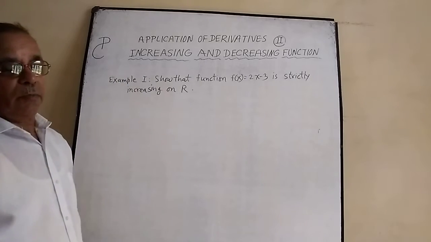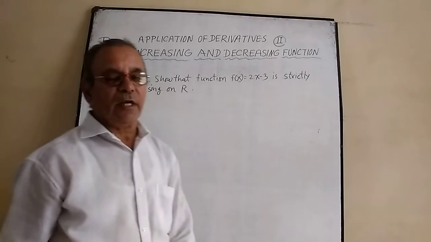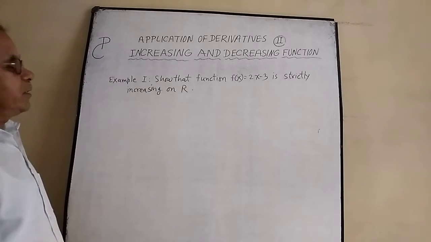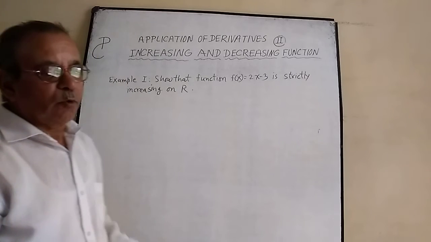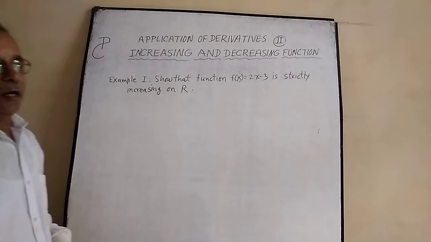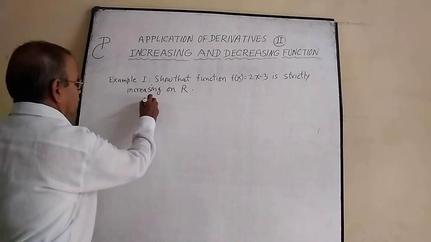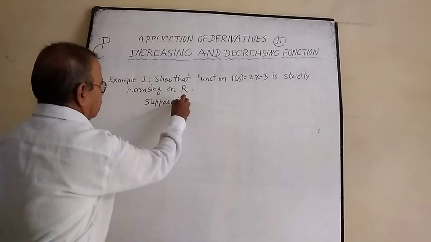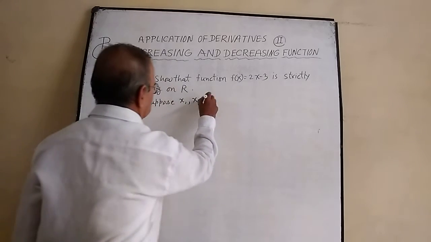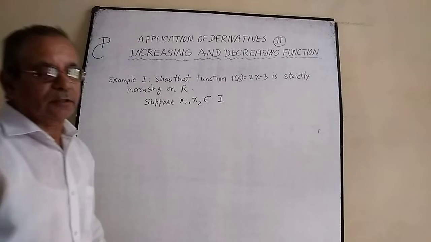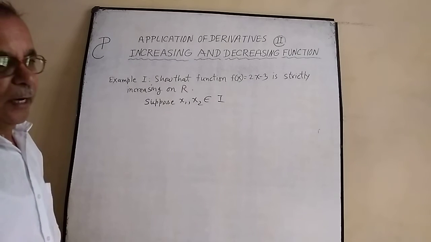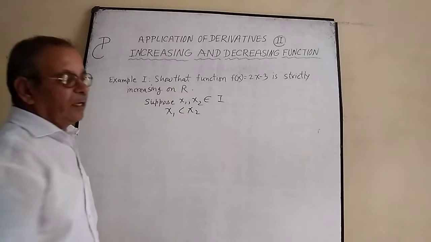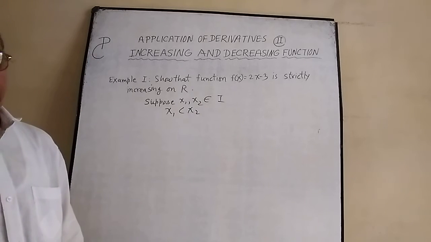The first example: show that the function f(x) = 2x minus 3 is a strictly increasing function. Suppose x1 and x2 belong to the open interval. The strictly increasing condition is x1 is less than x2.